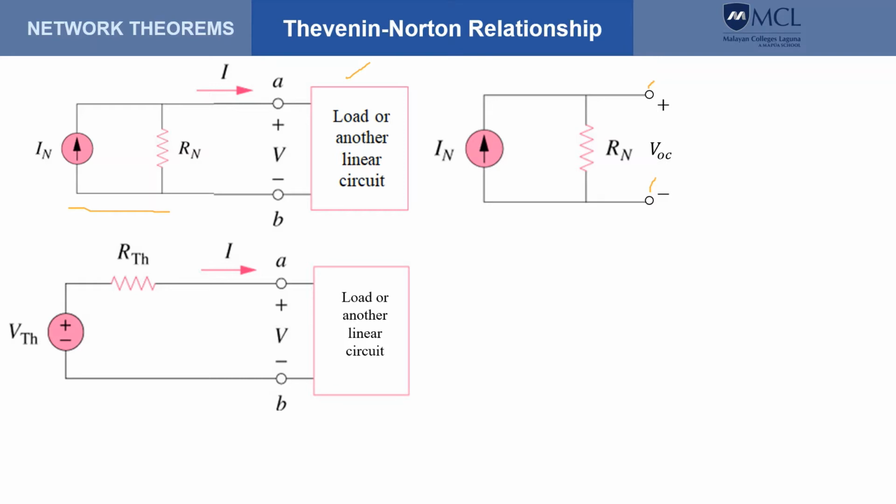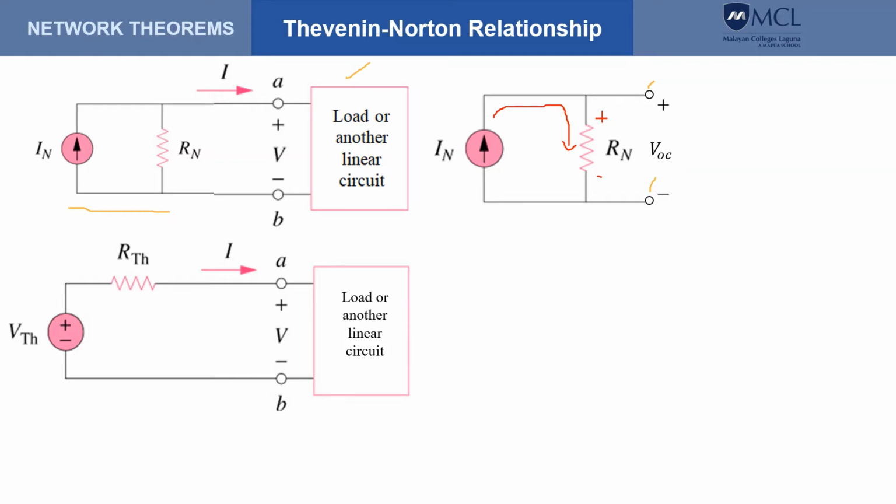And since this is an open circuit, this current will simply flow towards the resistance R sub n. Therefore, a voltage will be developed across that resistance, where the plus is here and the minus is there.